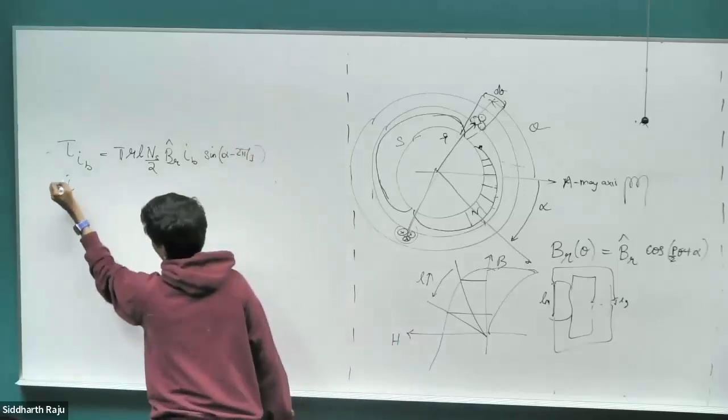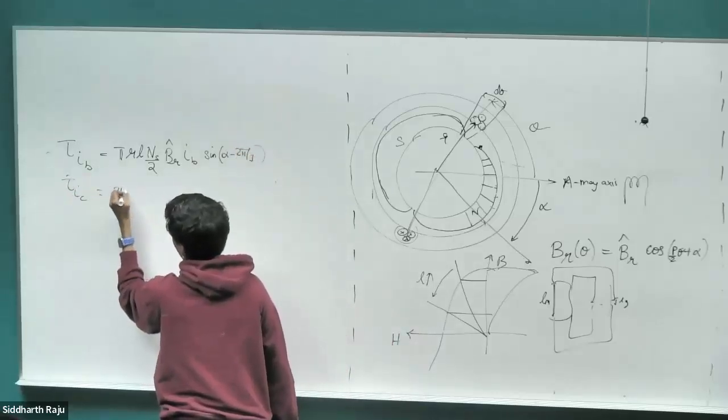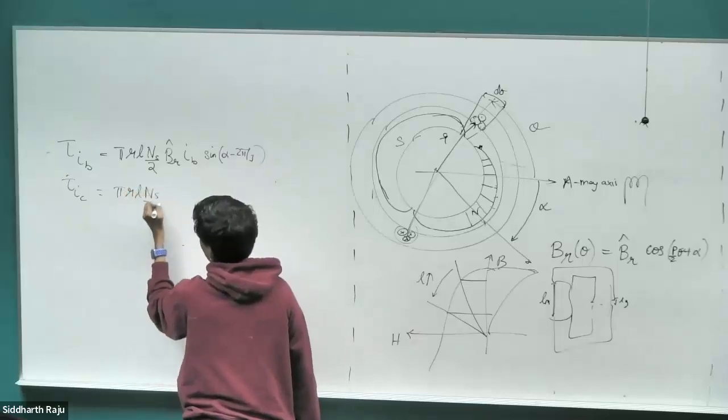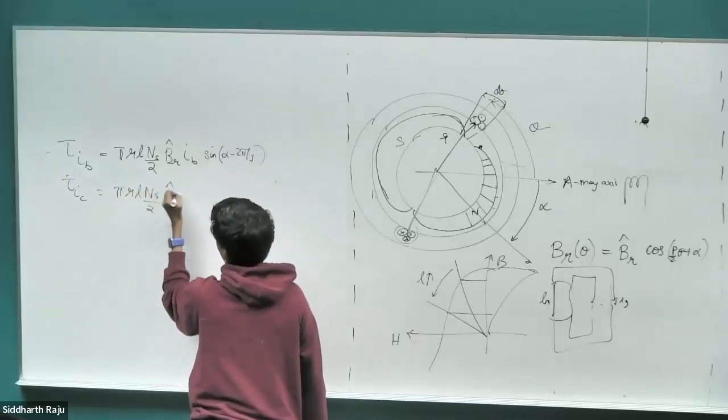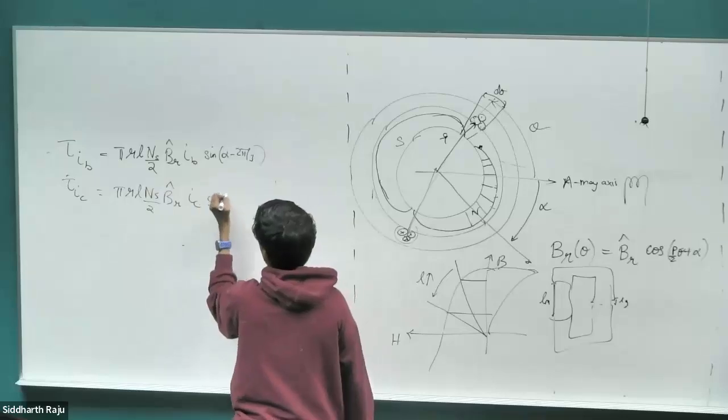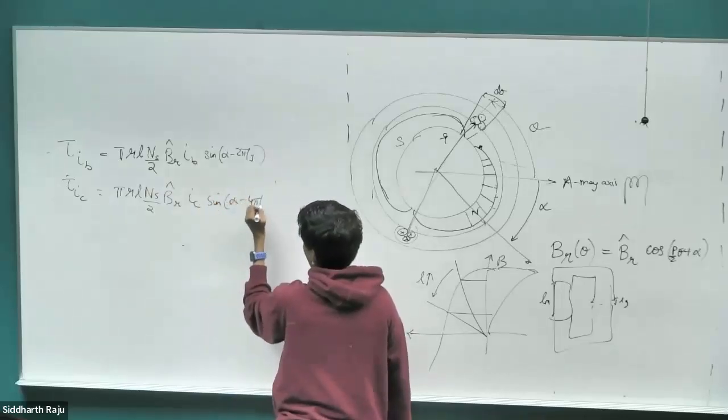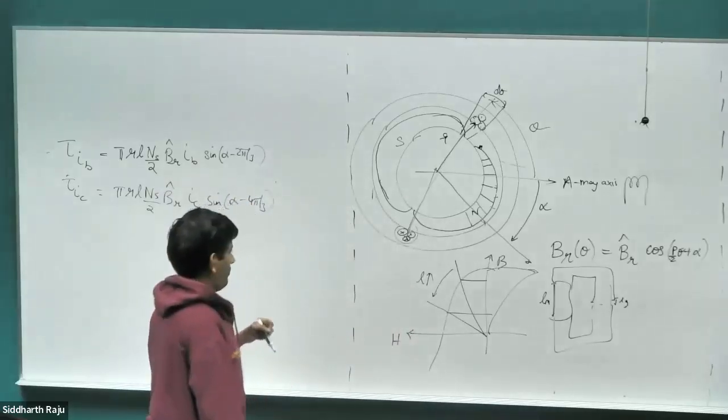And then the same for when you have C phase current, you'll end up with pi RL NS divided by 2 BR IC sine of alpha minus 4 pi by 3.